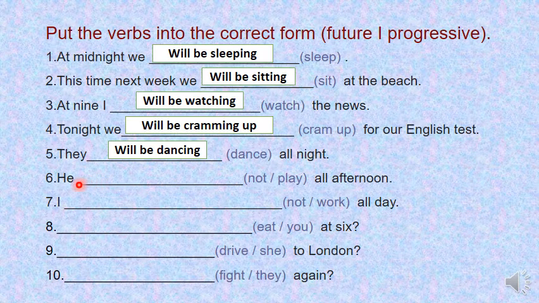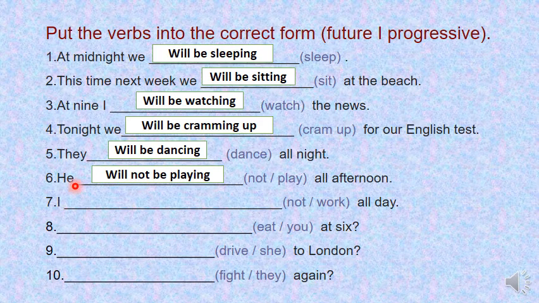Number 6. He dash not play all afternoon. You can notice here not is given, that shows we are going to make a negative sentence. He will not be playing all afternoon, and you can notice here between will and be we have put not to make it negative.